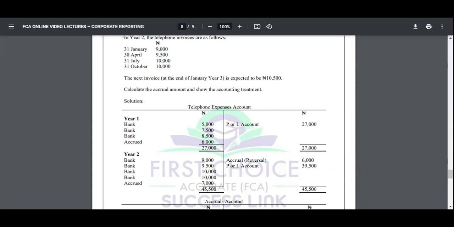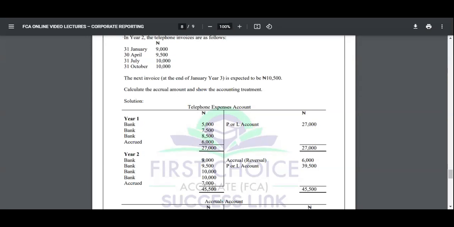So 3,500 times 2, because we are reporting for January, December, and November, which is the 7,000 naira.